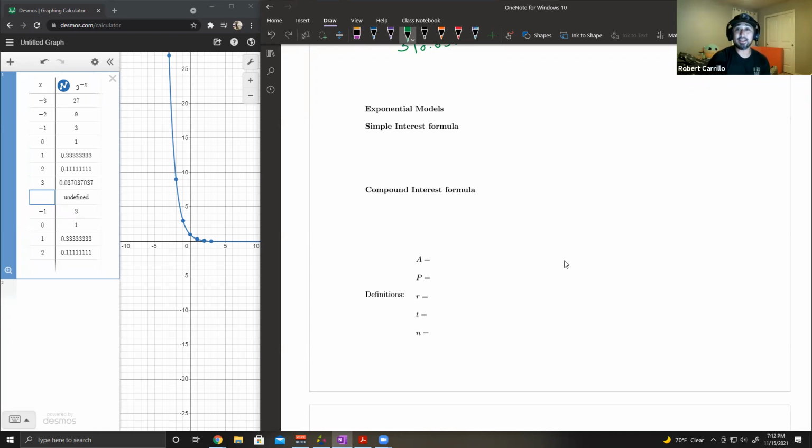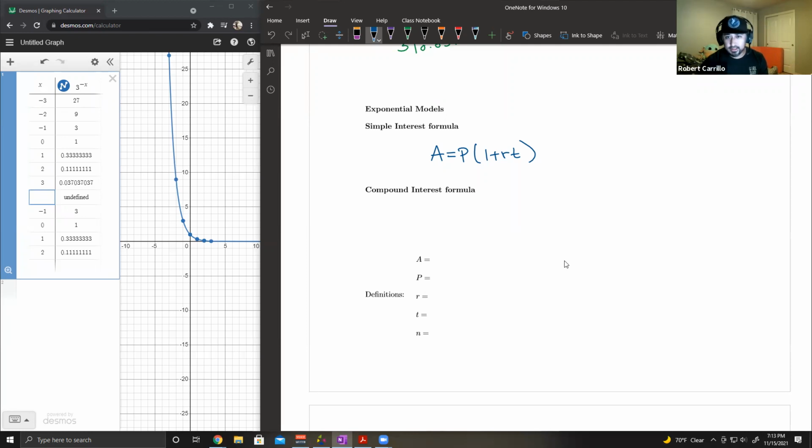So the simple interest formula is given as A equals P times 1 plus RT. And what this formula does is calculate the interest that you will either gain or have to pay if you invest or take out a loan.